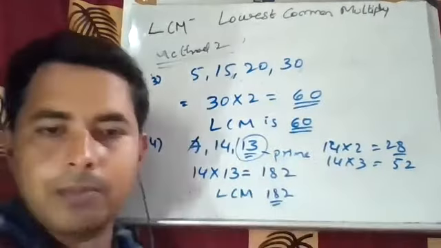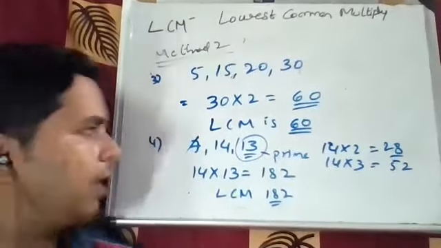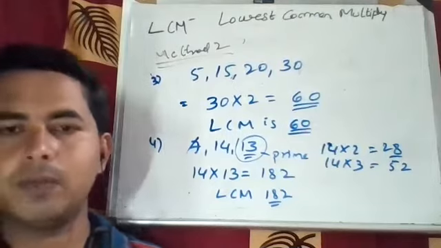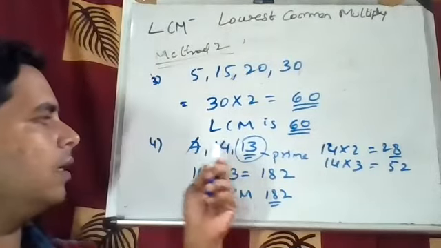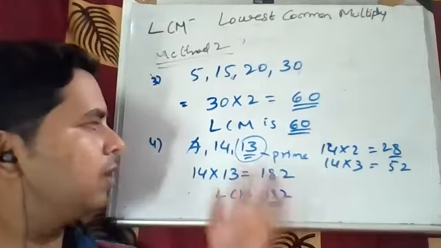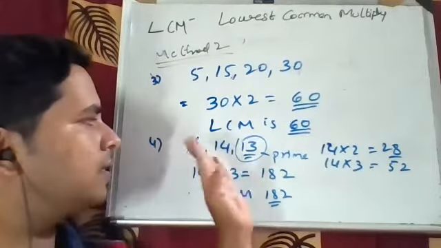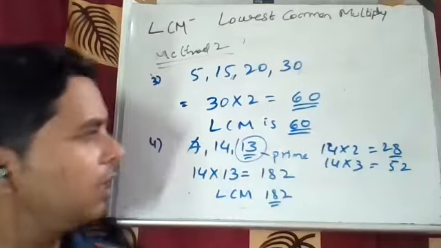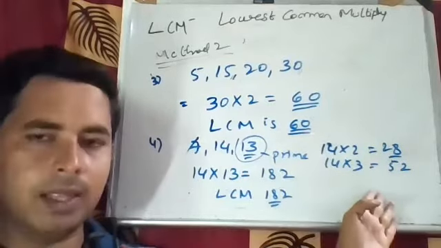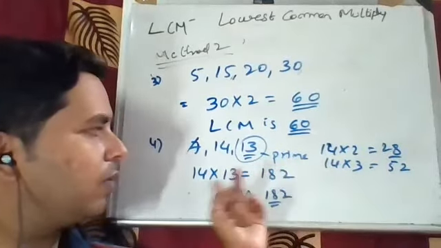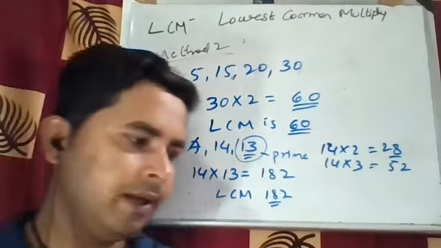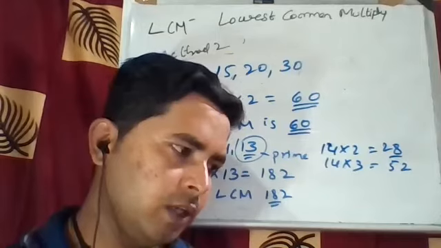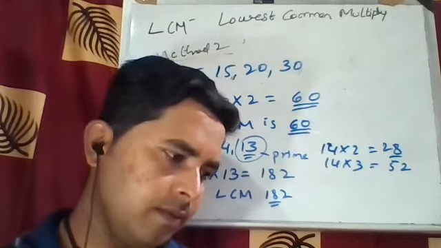If any prime number comes, don't worry, just directly multiply with the remaining number, because one number is divisible by 14. 14 divides 7, so leave that 7. 14 and 13 remain. You cannot do it with any other multiple, only with 13. So your LCM is 182.